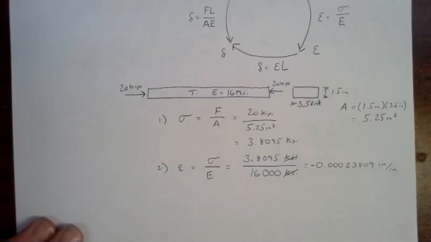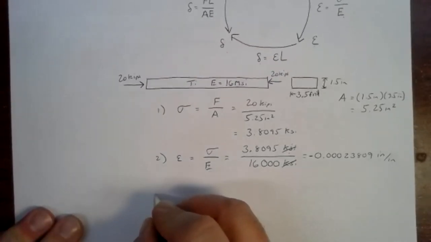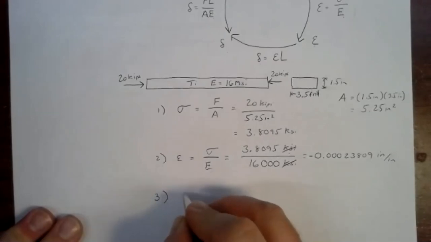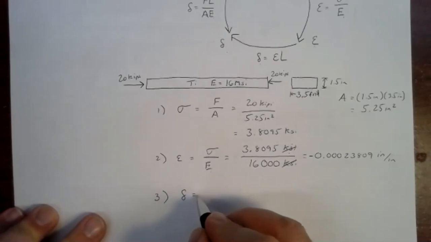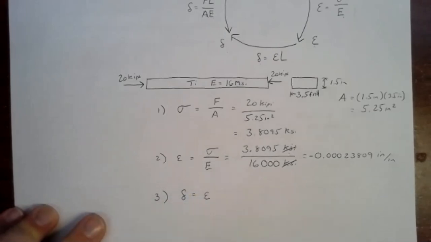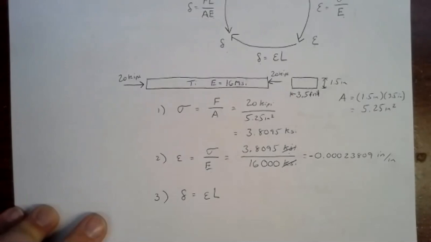And that'll reflect here in our elongation. When we find that elongation, we're multiplying the strain, how much length change there is on each inch or each foot, times the number of inches or feet we've got.